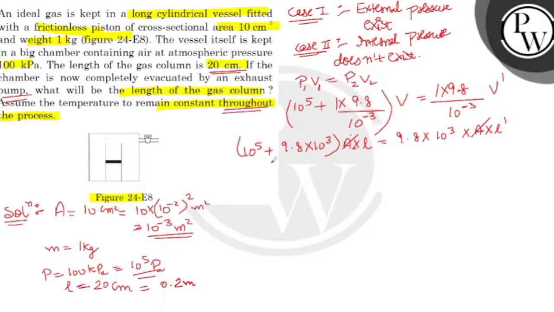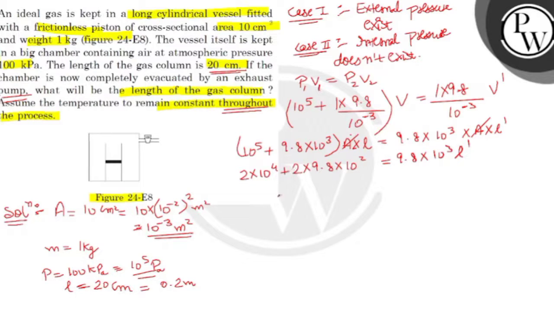Here is 0.2 into 10 power 5, or you can say 2 into 10 power 4, plus 2 into 9.8 into 10 power 2, which is equal to 9.8 into 10 power 3 L dash.